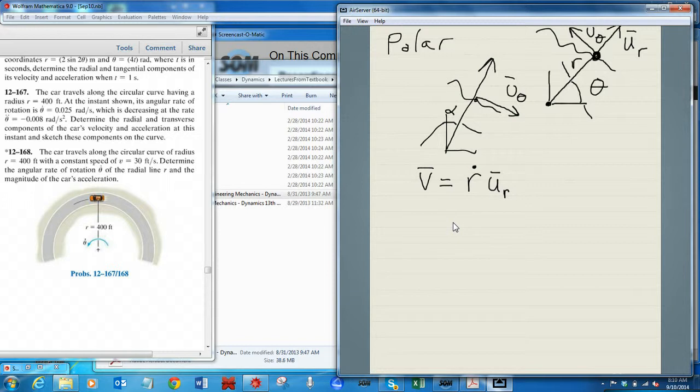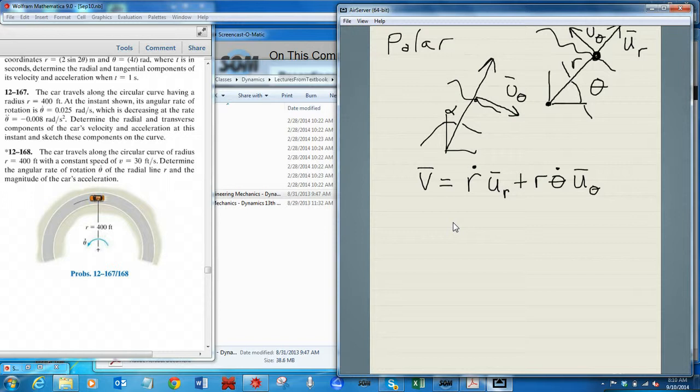It's got that much, plus r theta dot in the U theta direction. Now, if you're calling your angle alpha, then it would be alpha dot. Whatever your angle is, it's the derivative of the angle. Everybody got it?